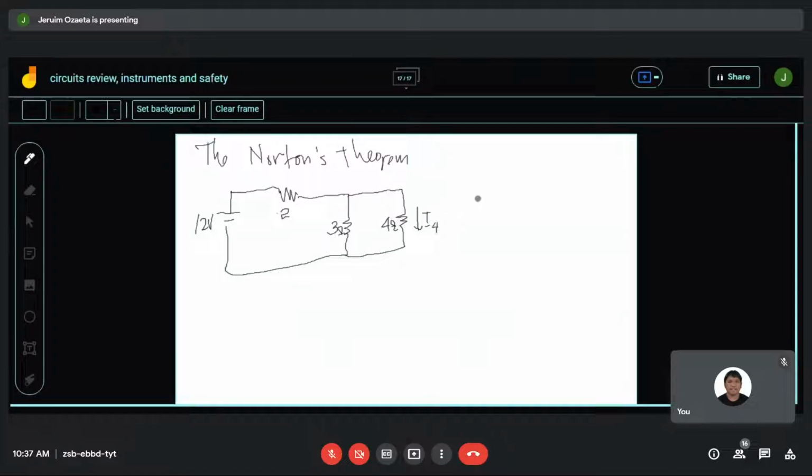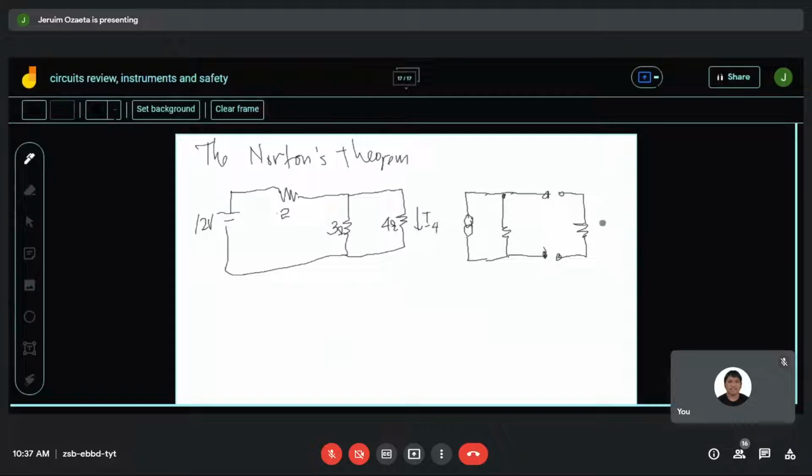The Norton's theorem presents us an equivalent circuit which is composed of a current source in parallel with the Norton's equivalent resistance, and the load is isolated to appear to be connected to the terminal where the equivalent circuit of Norton appears.